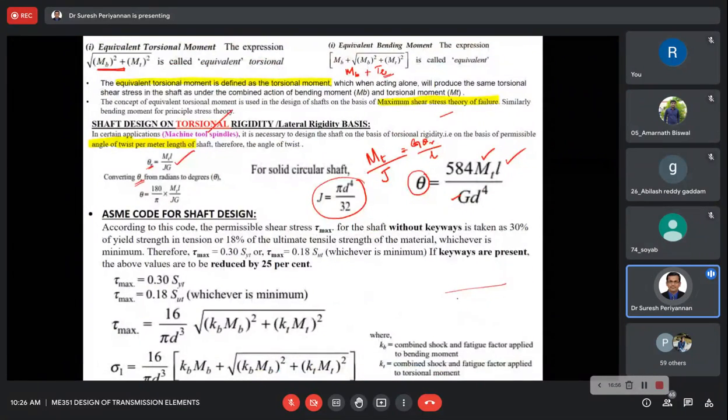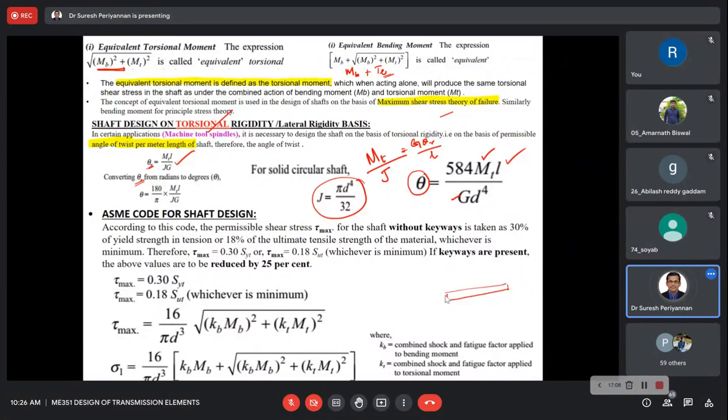Yeah, a long shaft is going to have more deflection and more angular twist. But machine tool spindles are very small shafts, slightly tapered. Hence the angle of twist is very small, as well as the deflection, as compared to a long shaft. Hence we are using this torsional rigidity approach for defining our shaft diameter, especially in machine tools.